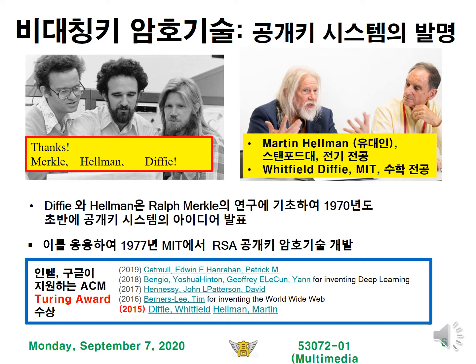So the 2015 Turing Award was given to Diffie, Hellman, and Merkle. Three persons.